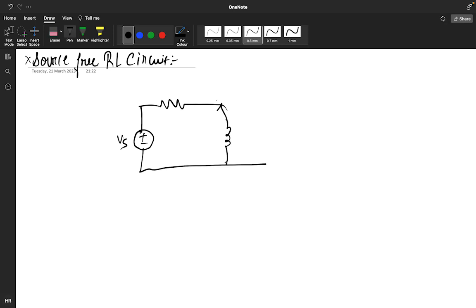This is my RL network. This was position 1 and this is position 2. Okay, now the switch is moving at t equals 0.